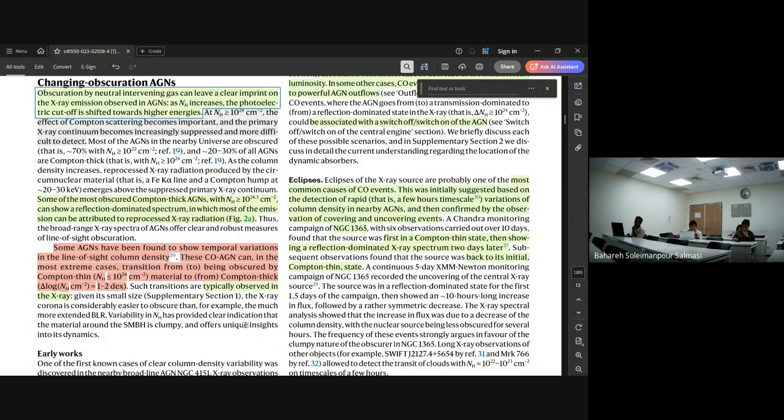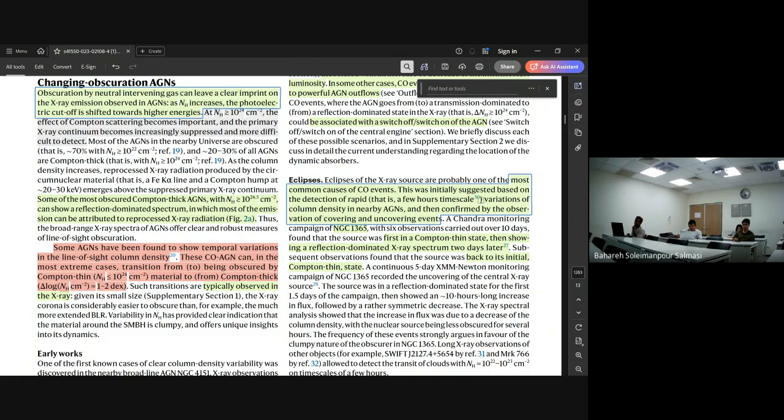And again, this is typically observed in X-ray. The most common explanation for this phenomenon is called eclipses, where, very briefly, we have clouds going into and out of the line of sight of our AGN.